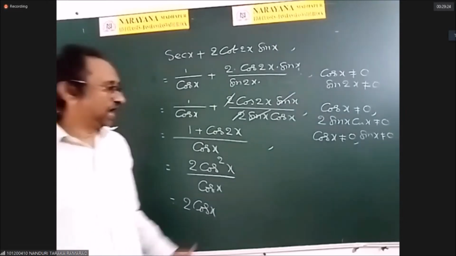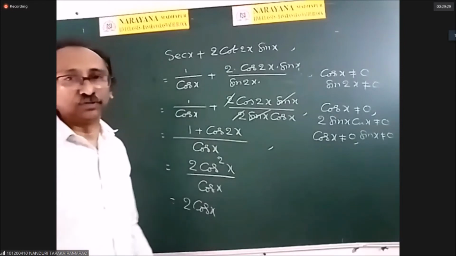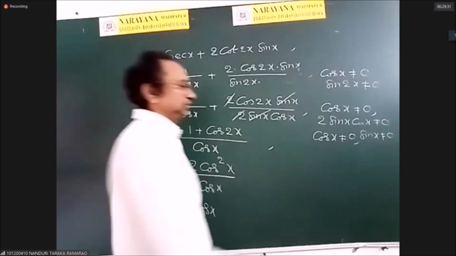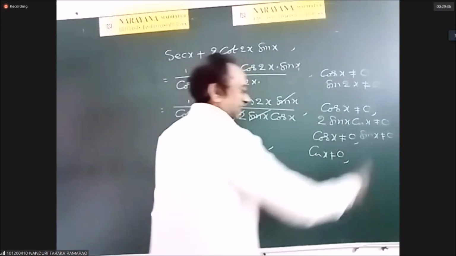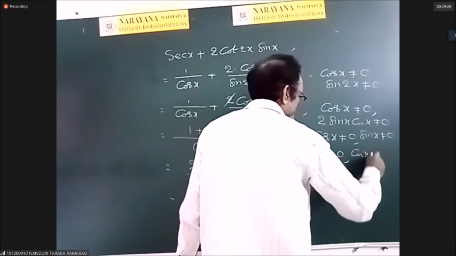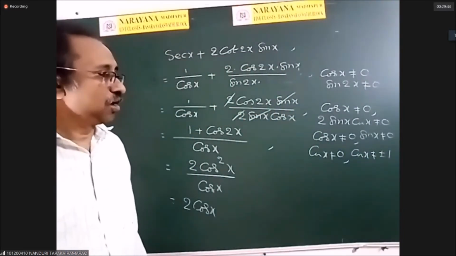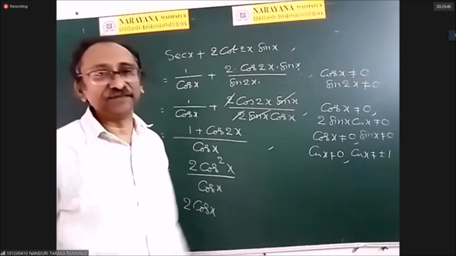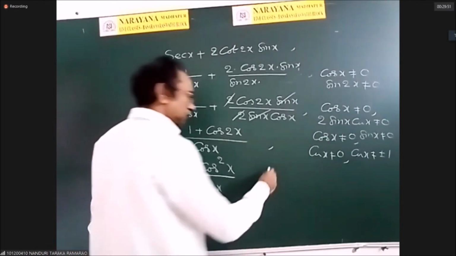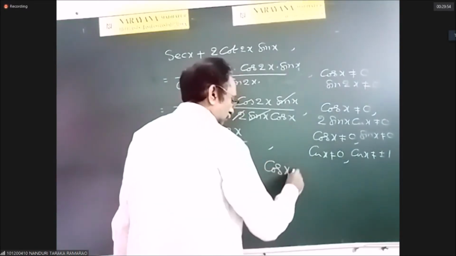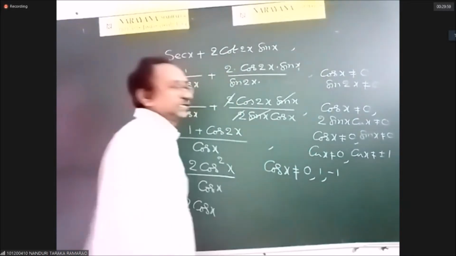So we have to eliminate those values of x at which cos x is 0 and sin x is 0. Sin x not equal to 0 means cos x cannot be equal to plus or minus 1 also. If cos x is 1 or minus 1, sin x would be equal to 0. Therefore, cos x cannot be equal to plus or minus 1. So finally, cos x cannot be equal to 0, 1, minus 1.